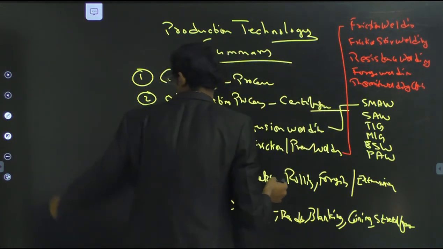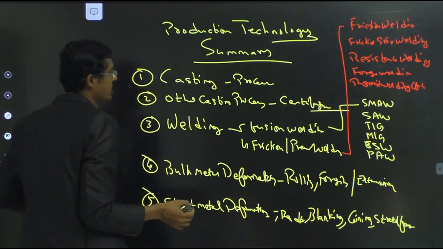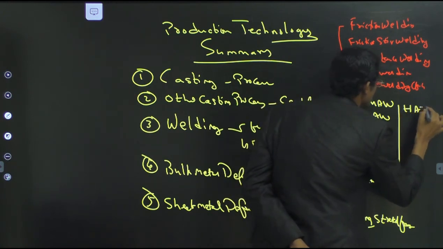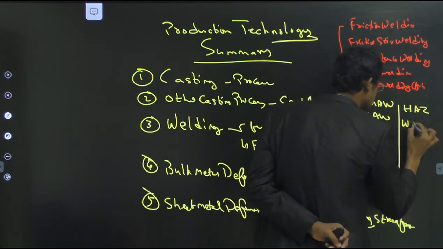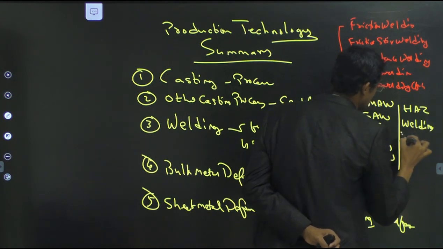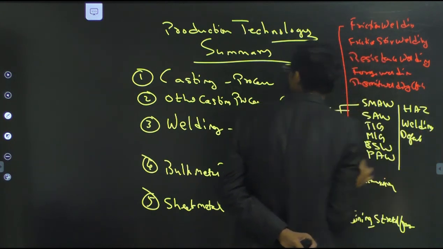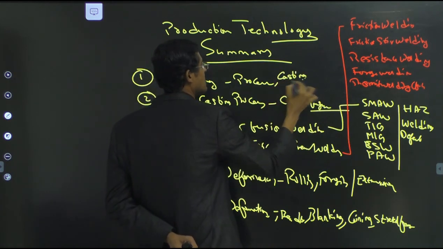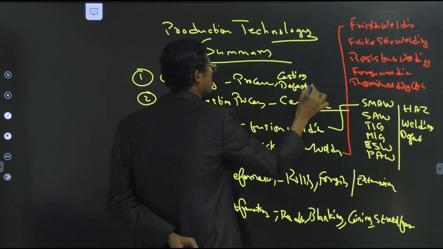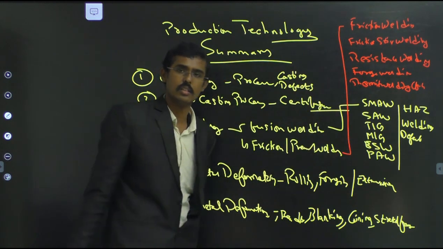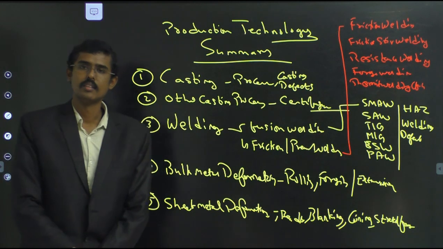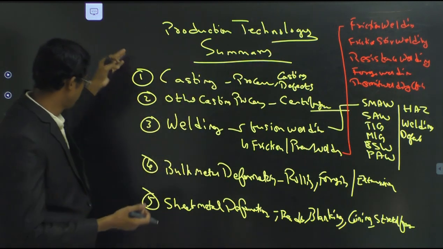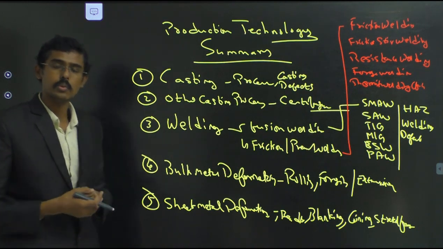We also saw some other parts such as heat affected zones, welding defects, and the procedure, and casting defects as well. Importantly, these are the various topics we have covered in our subject of production technology, across the 5 units up to now.